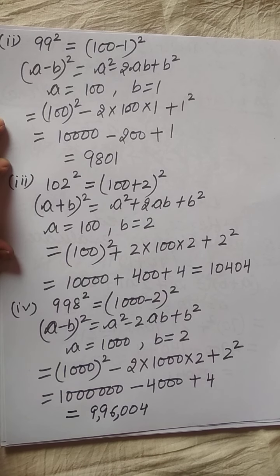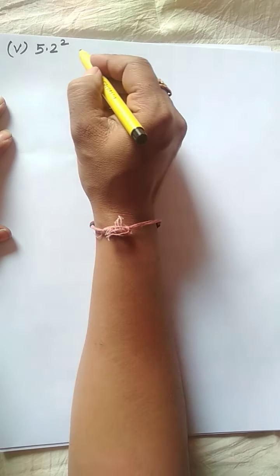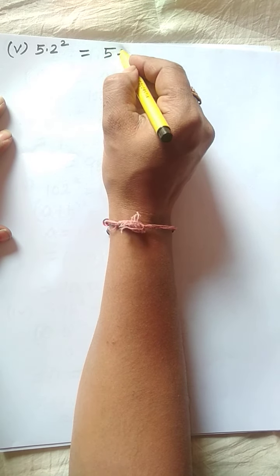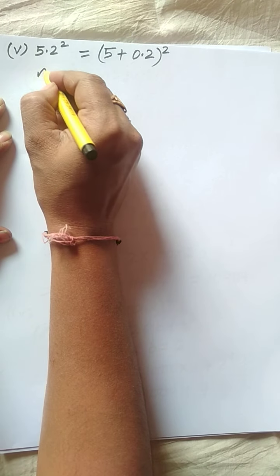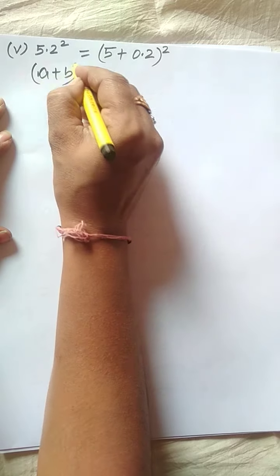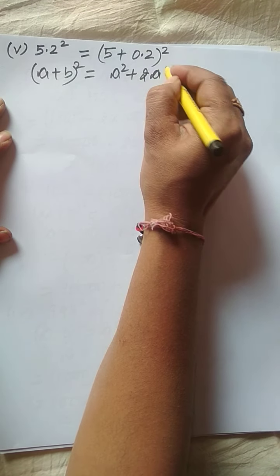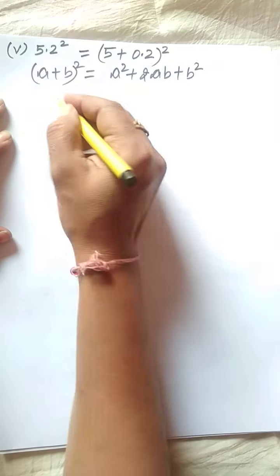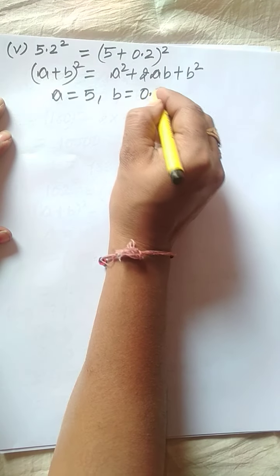9,96,004 is the answer. Fifth part is 5.2 square, which is written as (5 plus 0.2) square. Now, (a plus b) whole square is equal to a square plus 2ab plus b square, where a is 5 and b is 0.2.